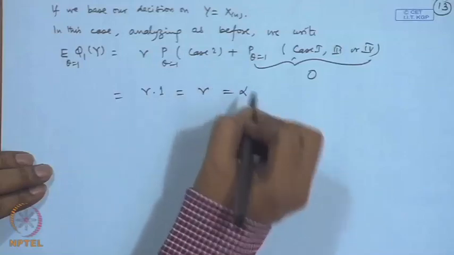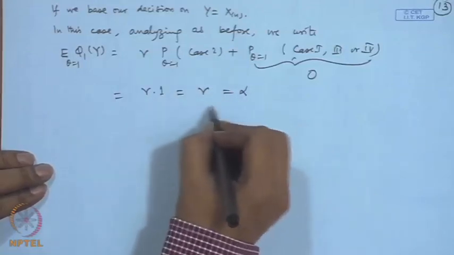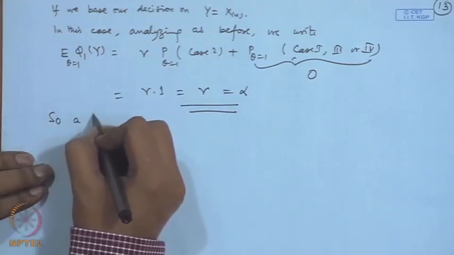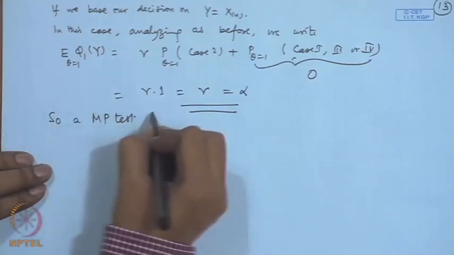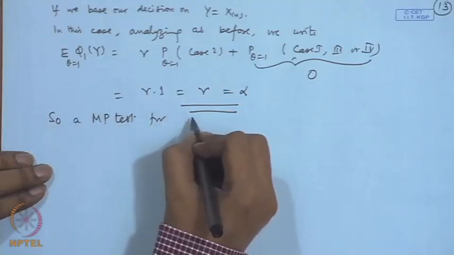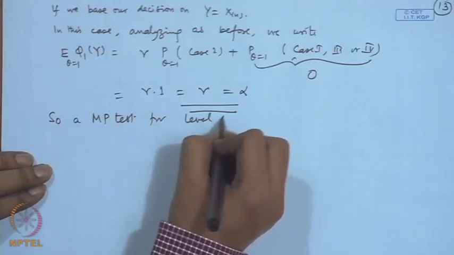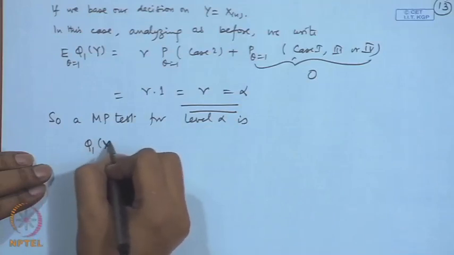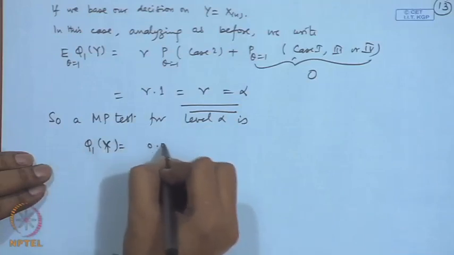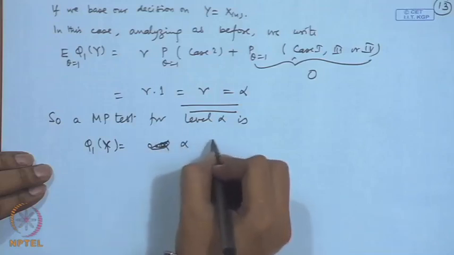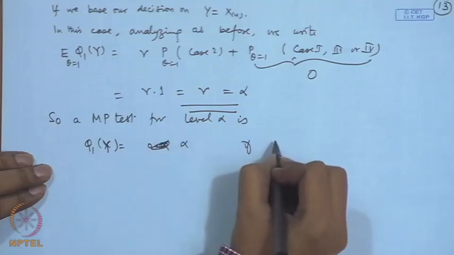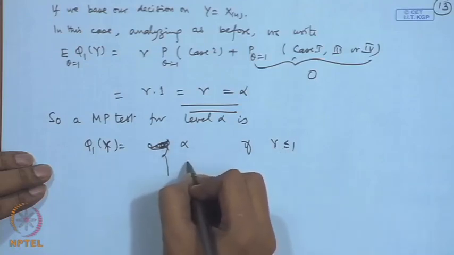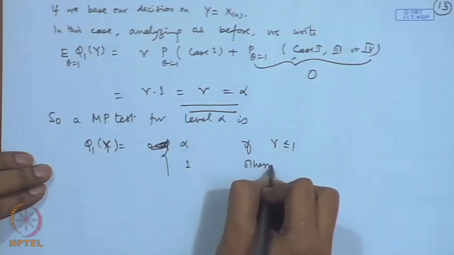So, we should choose gamma equal to alpha. So, a most powerful test for level alpha is phi_1(X), or phi_1(Y), equal to 0.05, that is alpha, if Y is less than or equal to 1, and it is equal to 1 otherwise.